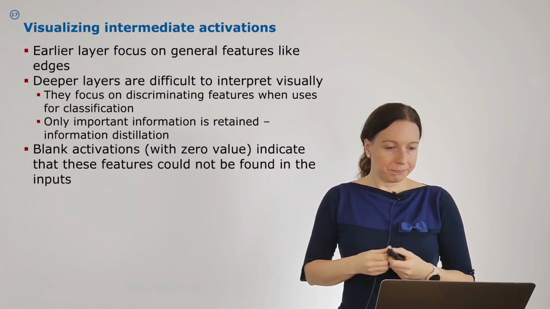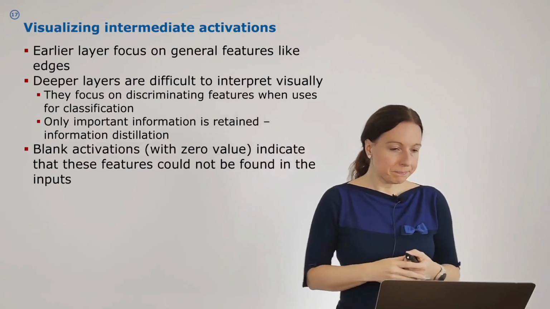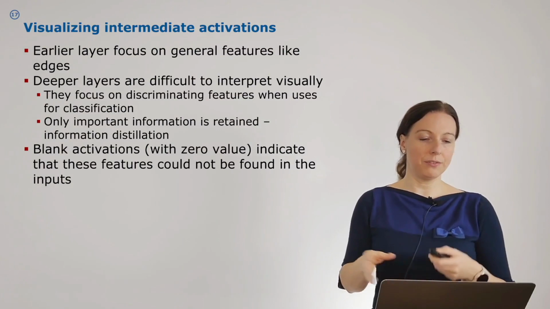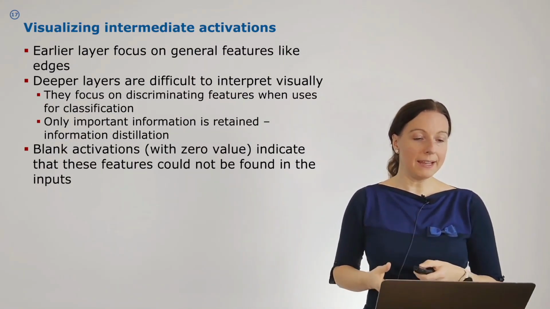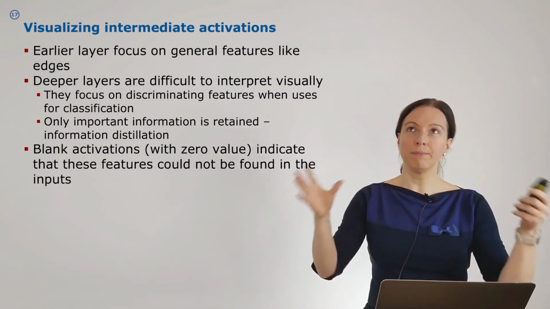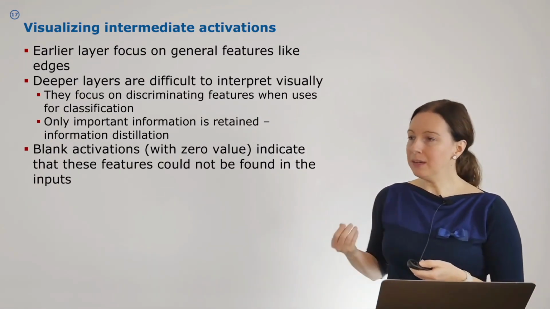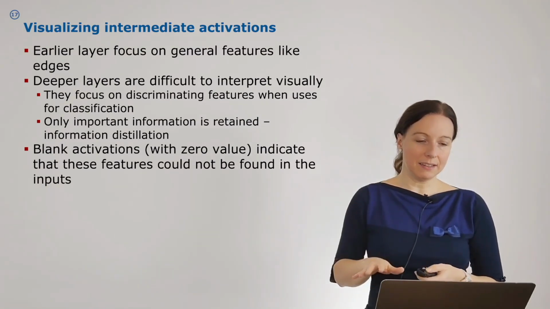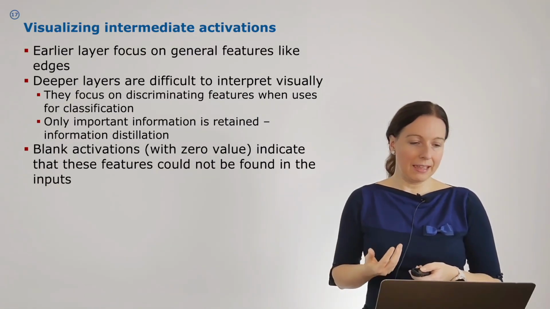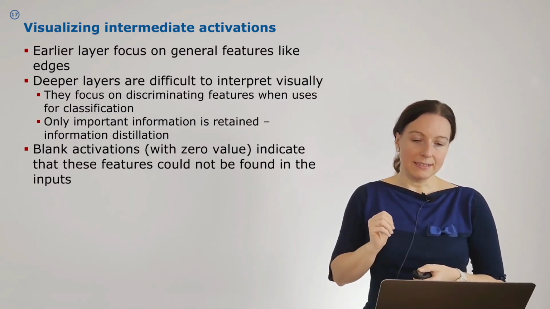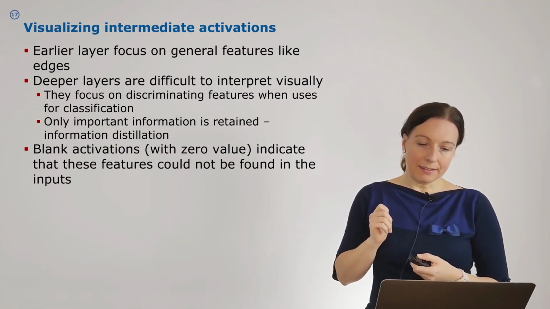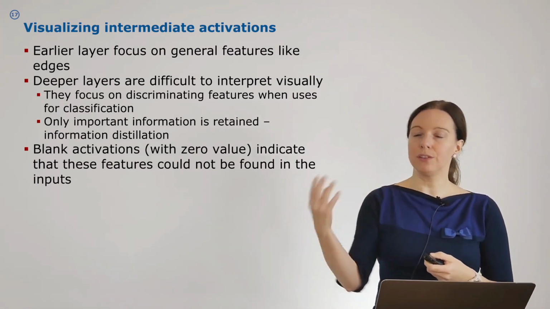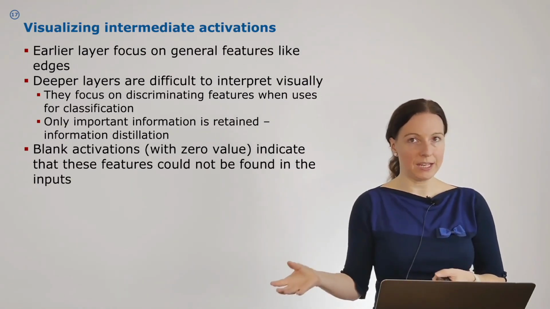This is also summarized here. What I already said is that earlier layers focus on general features like edges, and deeper layers focus on more complex things, but looking only at the activation maps, it gets difficult to interpret visually. The reason is that the network takes the visual information of the input image and tries to convert it to the output classification domain.